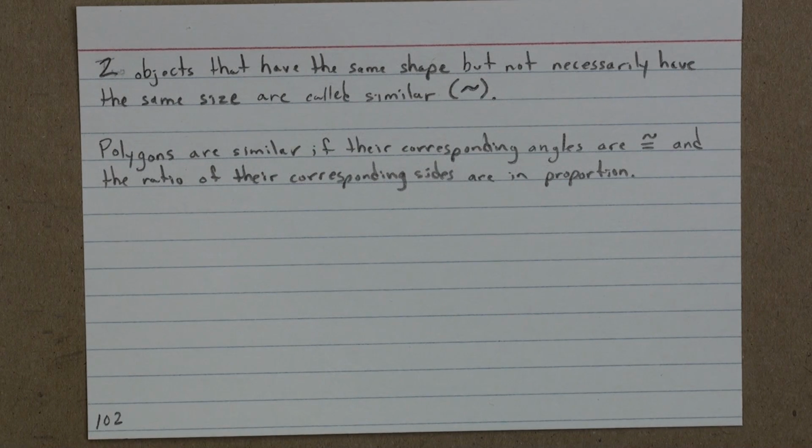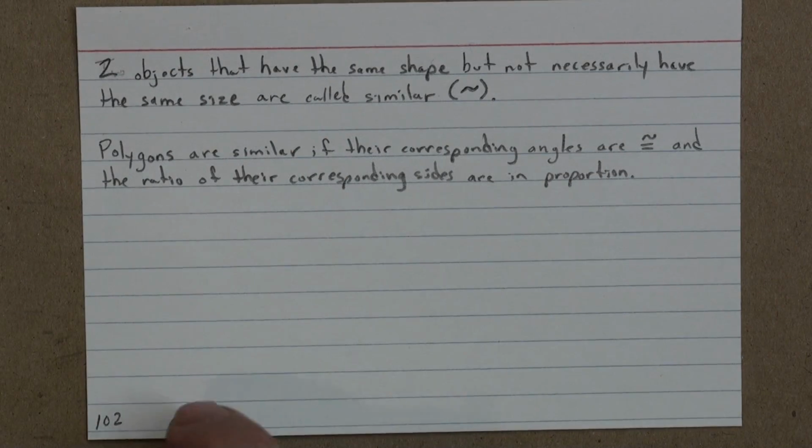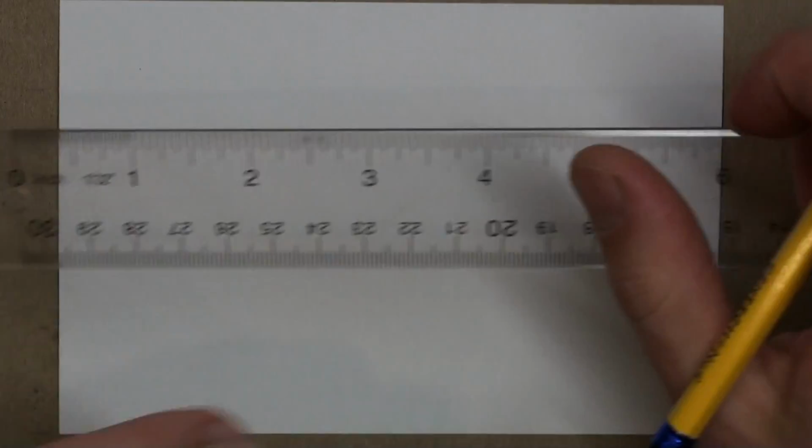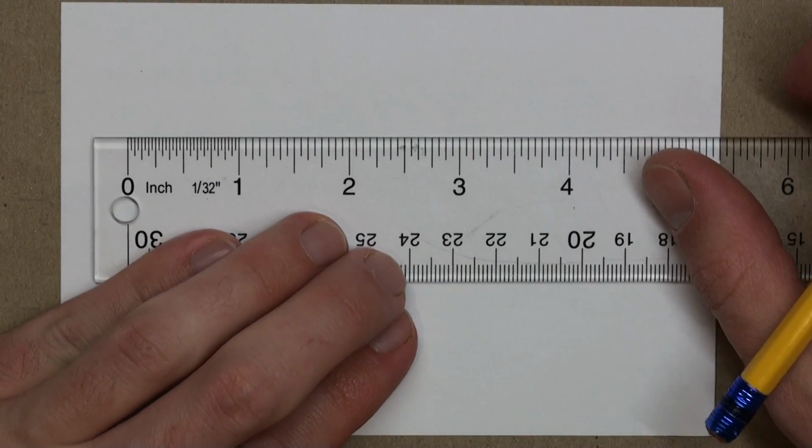Alright, I think now we can just turn this over and draw a picture of an example of two figures that are similar. Okay? So I've got to get my protractor and my ruler. I'm going to draw two similar triangles.